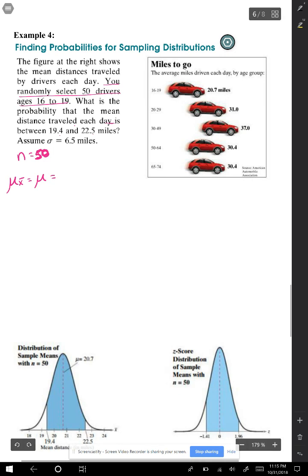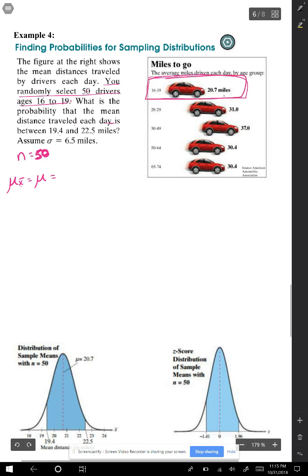You're randomly selecting 50 drivers ages 16 to 19. And so all we're looking at on this particular table is the 20.7 miles that the 16 to 19-year-olds drive on average. Because we're selecting 50 drivers from the 16 to 19 age group, we're finding the mean of the population, which is the average number of miles driven by that population of 16 to 19-year-olds.